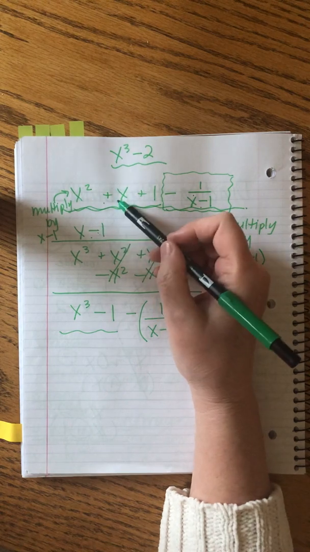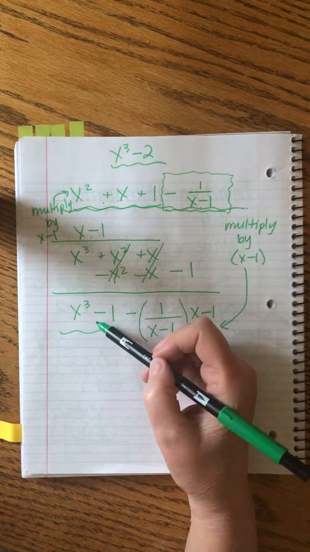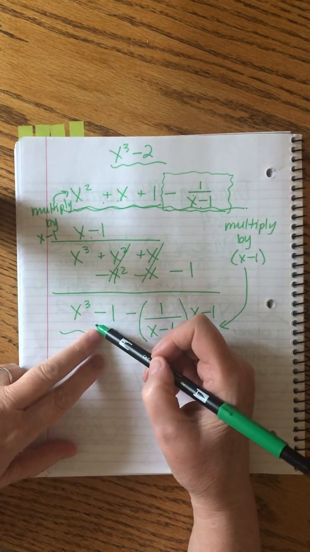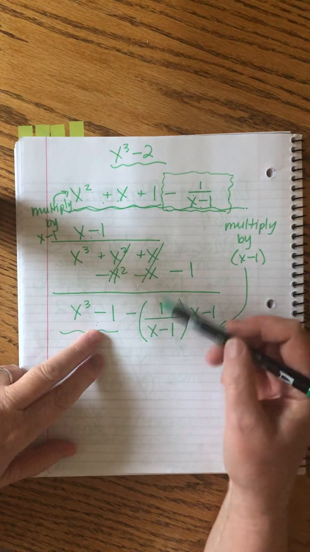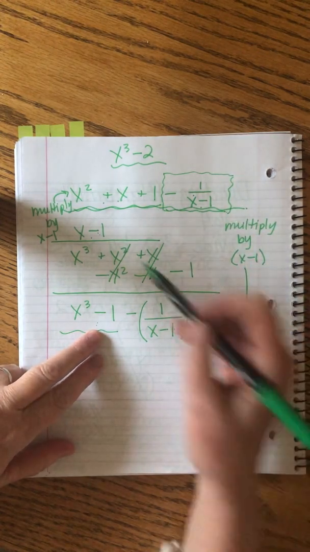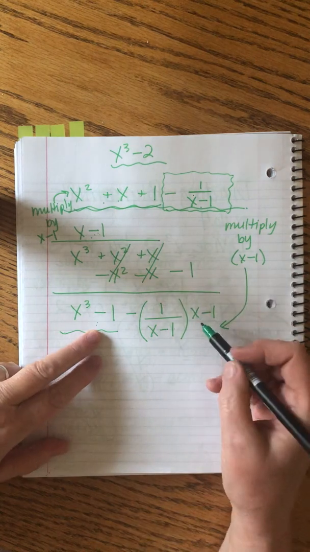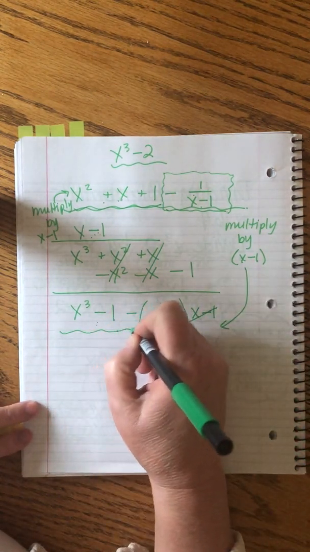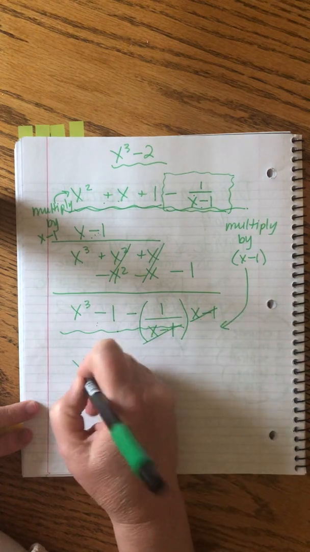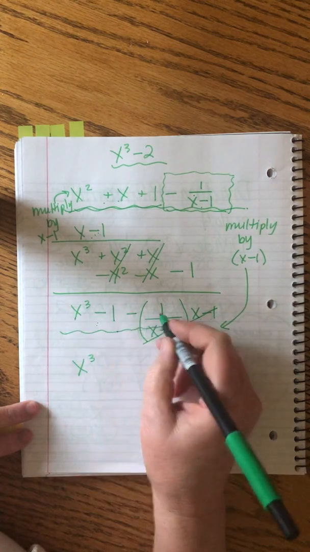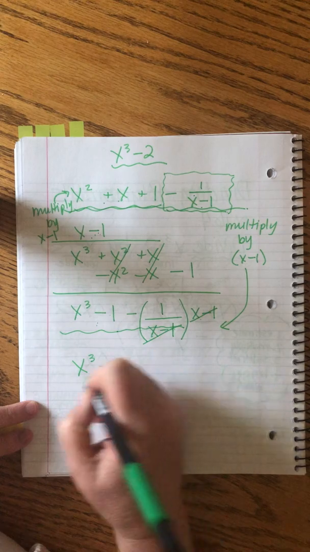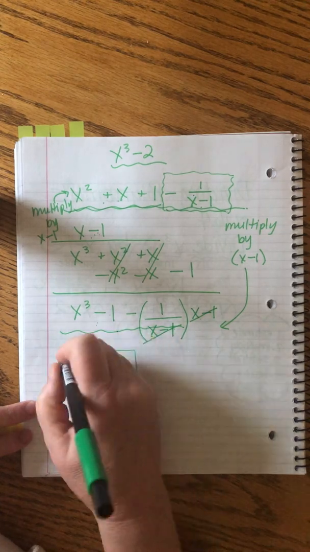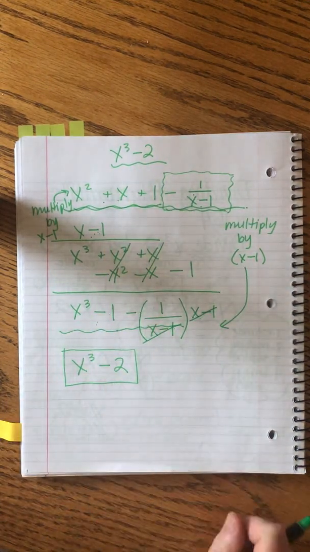So we multiplied this much, and we got this. We're close, but we're not quite there. So now we have to multiply the second part of our answer times x minus 1. And notice these cancel. So when we combine it, there's how we get the x to the third minus 2, which is what our original amount was that we were dividing.